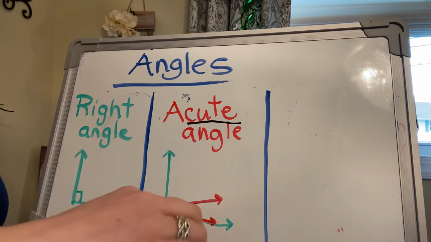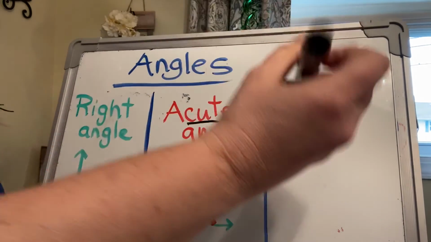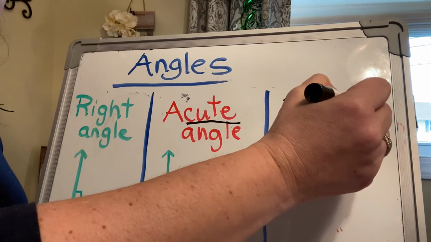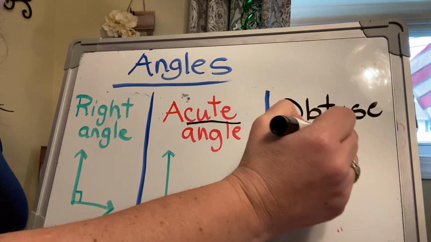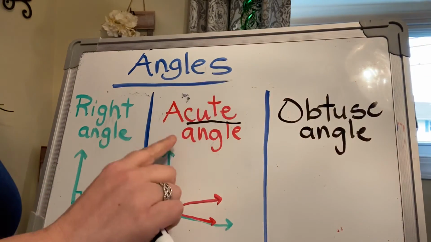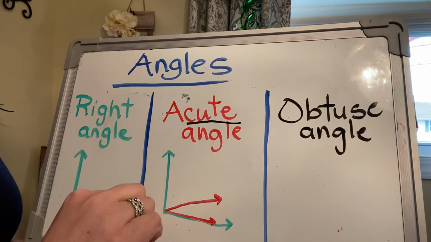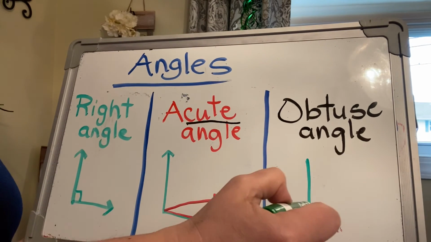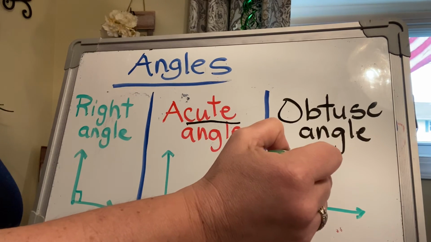The last angle I want to talk about is the obtuse angle. The obtuse angle is kind of the opposite of an acute angle. Here's that right angle again. That right angle kind of is our guide.